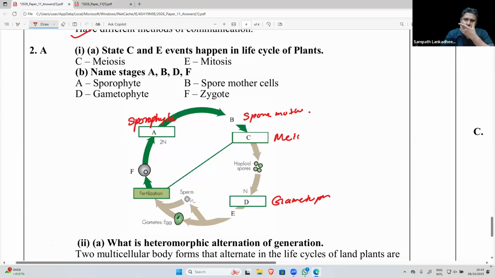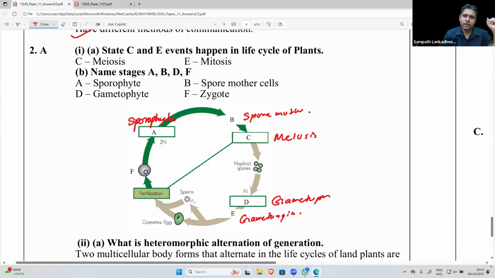Meiosis. Haploid spores. And D? Gametophyte. What is E? Gametophyte. Gametangia.